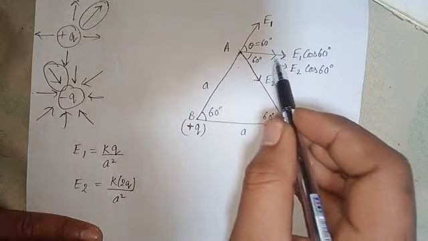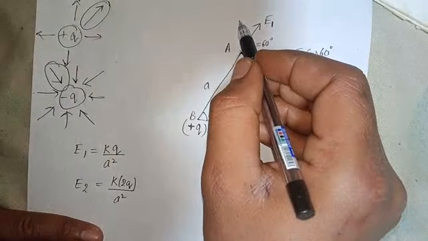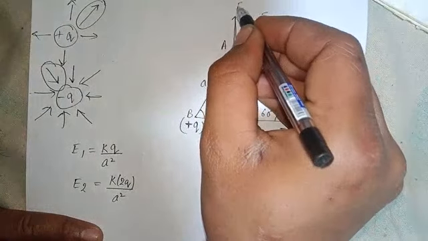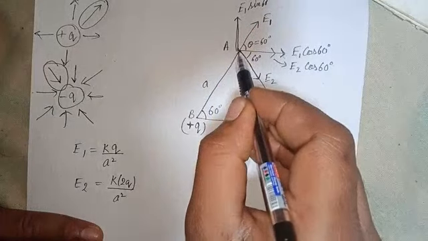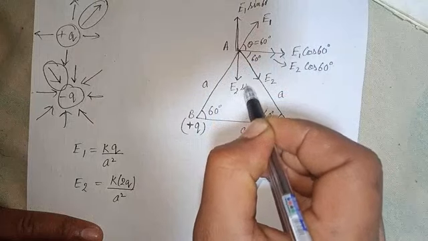So this component of E2 will also become E2 cos 60 degrees, and this vertical component of E1 will become E1 sin 60, and this component of E2 will become E2 sin 60.